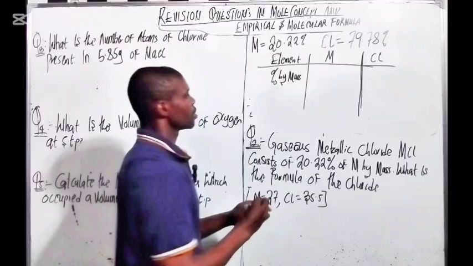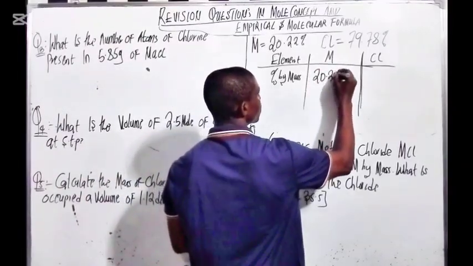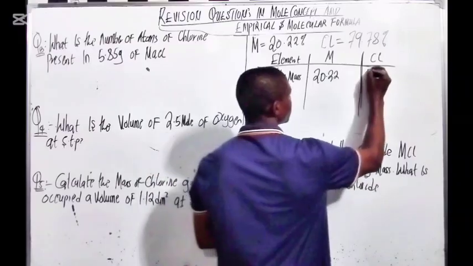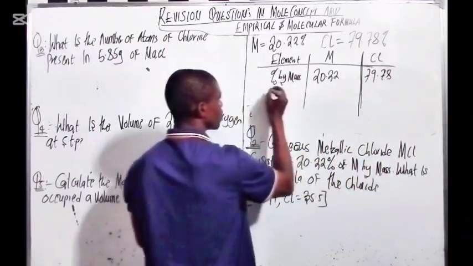So M is 20.22, and chlorine here we have 79.78. Okay.